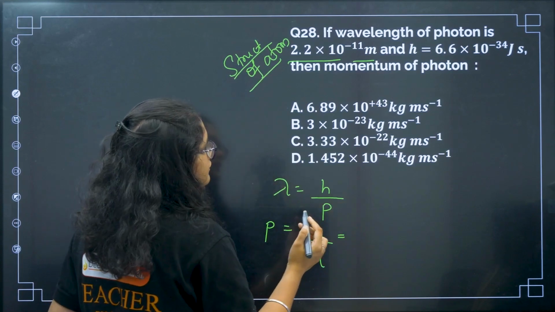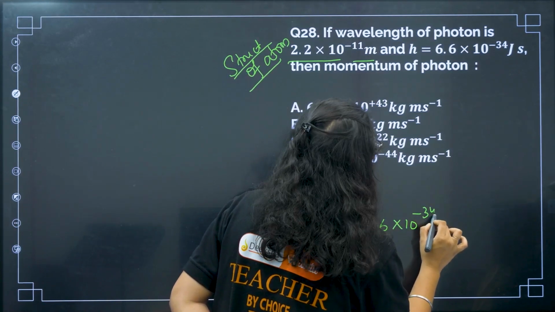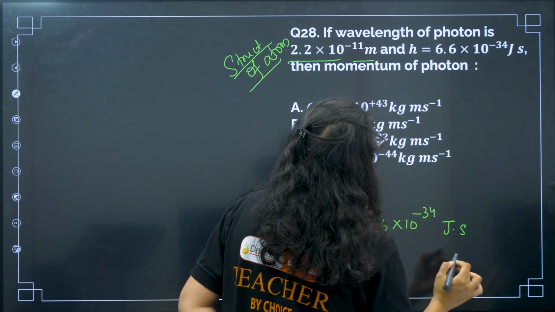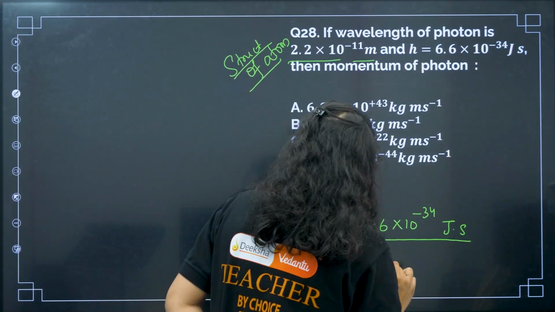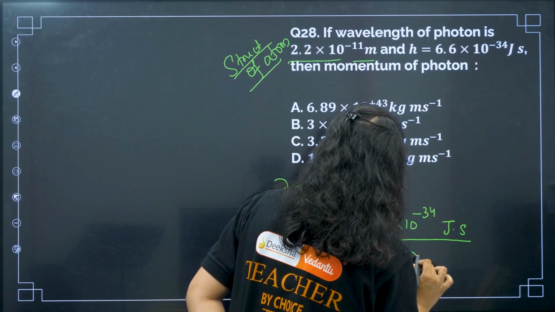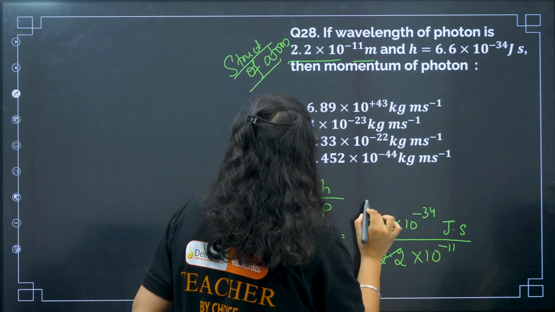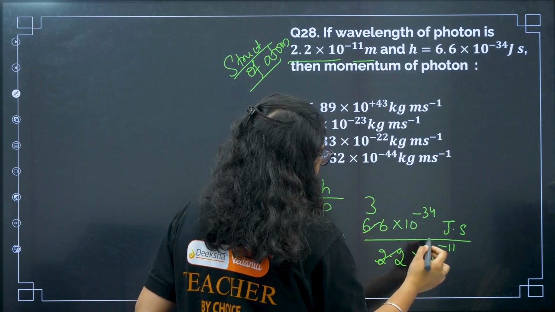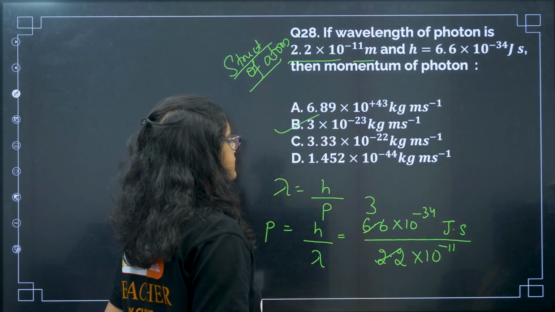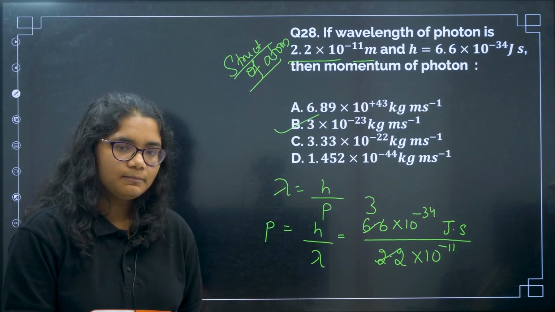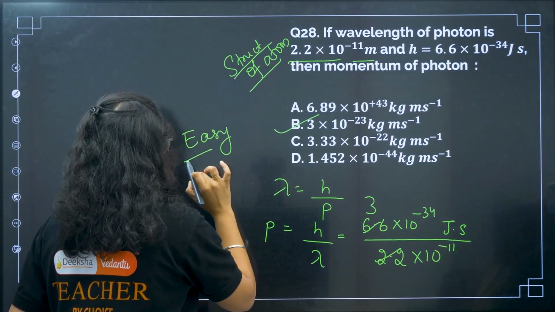Let us substitute the values here. 6.6 into 10 to the power of minus 34 joule seconds, divided by lambda is 2.2 into 10 to the power of minus 11, right? So this one will become 3, so 3 into 10 to the power of minus 23. So the correct answer for this question will be option number B. Again, this question is easy and direct.